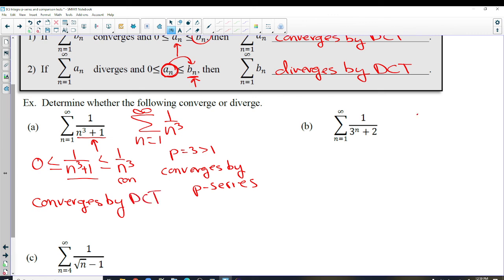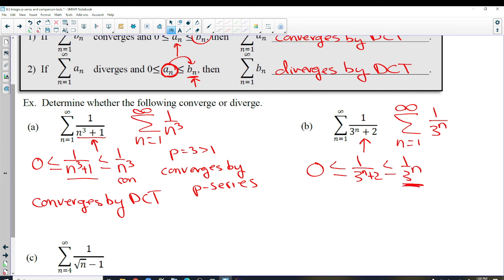Over here, we're going to compare this to the sum from n equals 1 to infinity of 1 over 3 to the n. And this one here has a bigger denominator, so it has a smaller value. So 1 over 3 to the n plus 2 is less than or equal to 1 over 3 to the n. So we've got to show that this one converges. If that converges, this must converge.